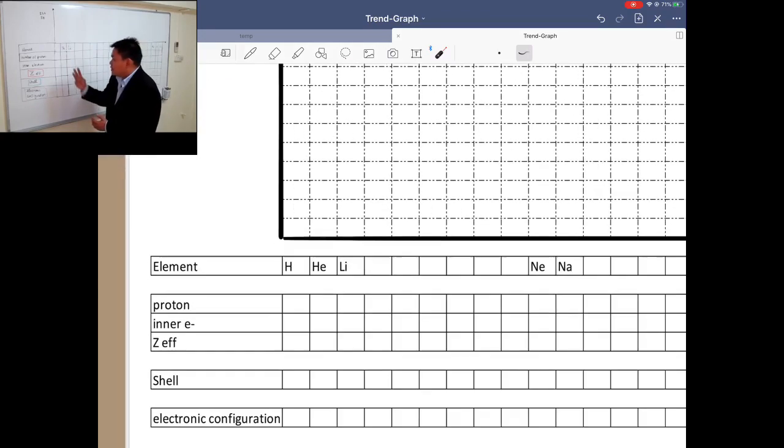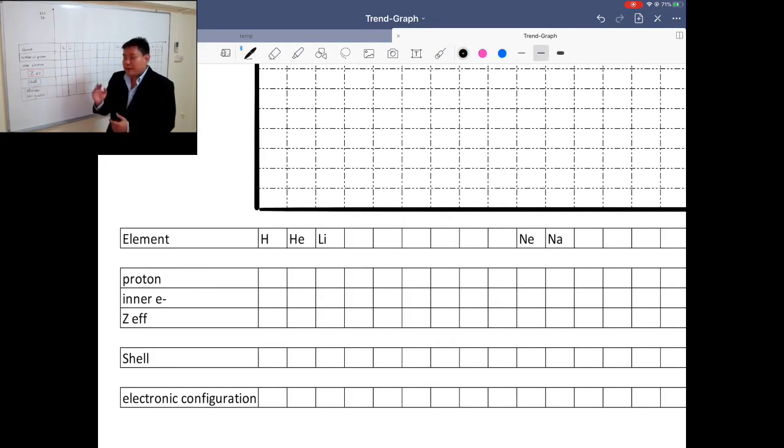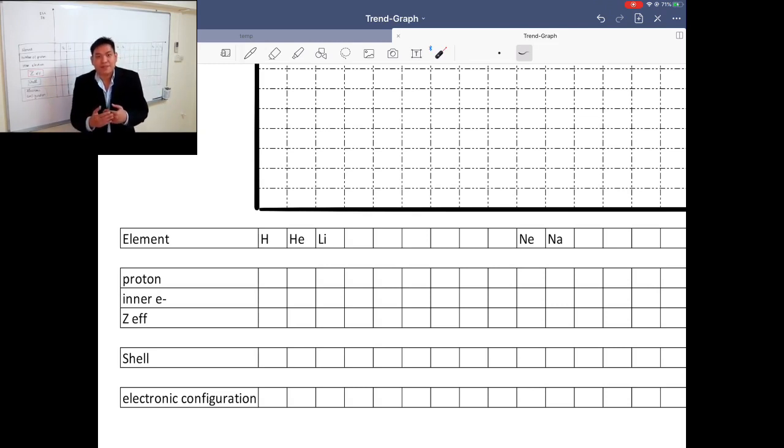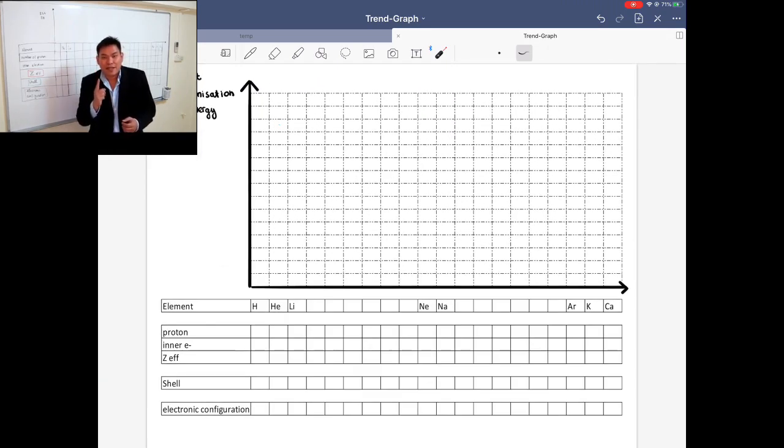There are three factors affecting the amount of ionization energy of the elements. The ionization energy is, to put it simply, the amount of energy needed to remove one electron from the atom.